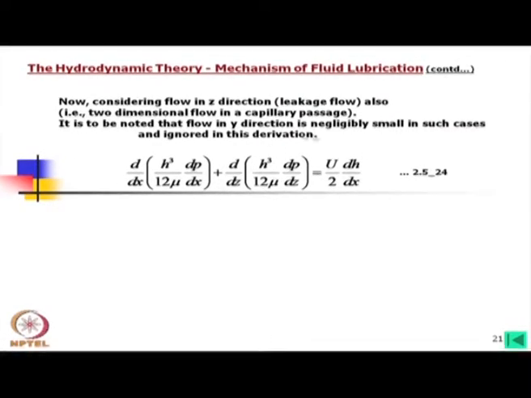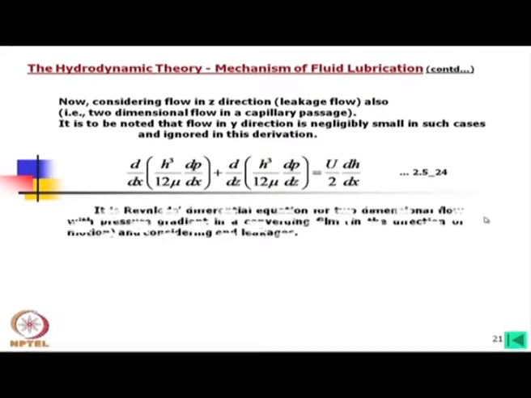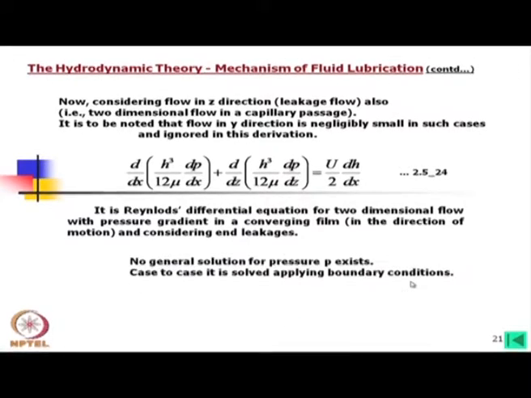So, this is the full equation for journal bearing lubrication: d by dx of h cube by 12 mu dp by dx, plus d by dz of h cube by 12 mu dp by dz, is equal to u by 2 dh by dx. It is the Reynolds differential equation for two dimensional flow with pressure gradient in a converging film in the direction of motion, considering end leakages.